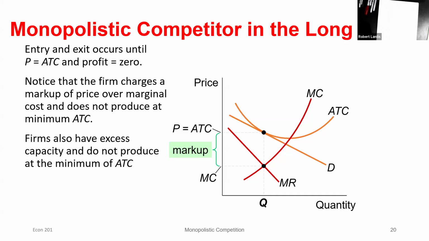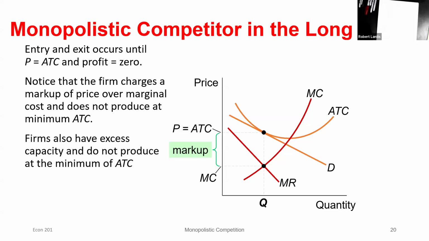It's just that there's not one single price. What happens as firms enter the market? Let's say we've got positive profits and firms enter the market. What's going to shift for a monopolistically competitive firm? Well, just like the perfectly competitive market, what shifted? Their demand curve. The demand curve will shift for the monopolistically competitive firm because we are now sharing the same market demand, but it's being split across more firms.